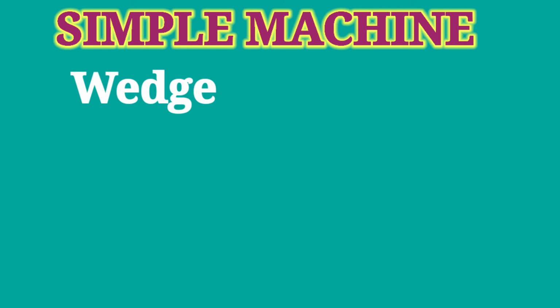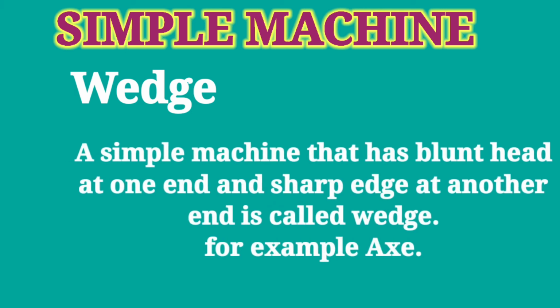So now we will define what is a wedge. A simple machine that has a blunt head at one end and a sharp edge at the other end is called a wedge.